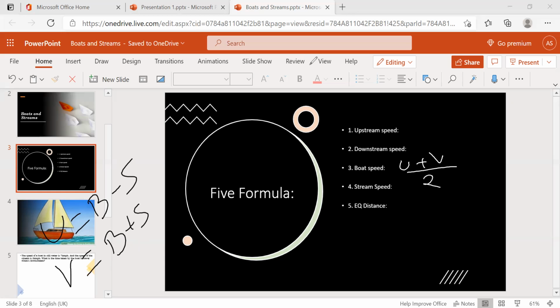Now if you subtract these two, then b gets cancelled, and u minus v equals 2s.